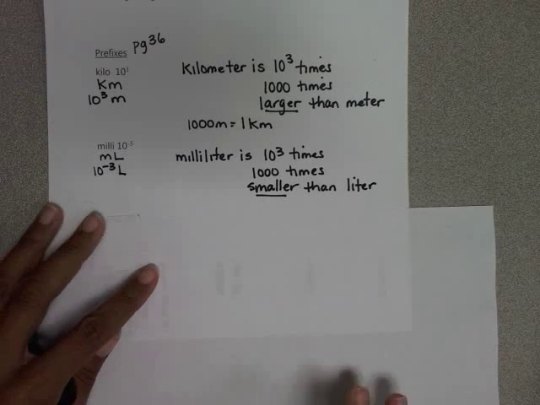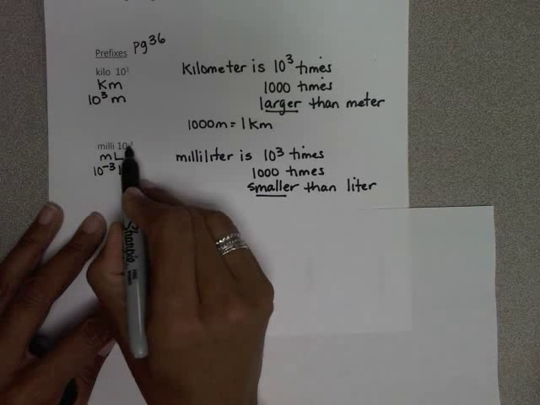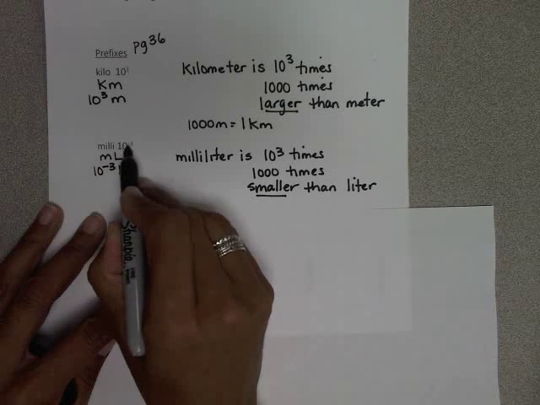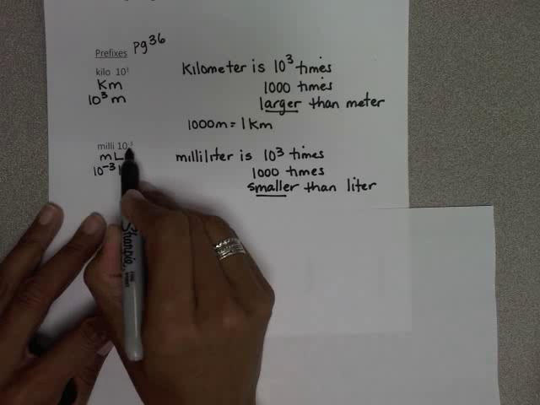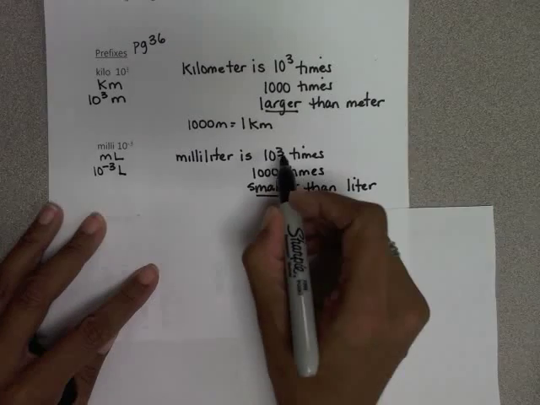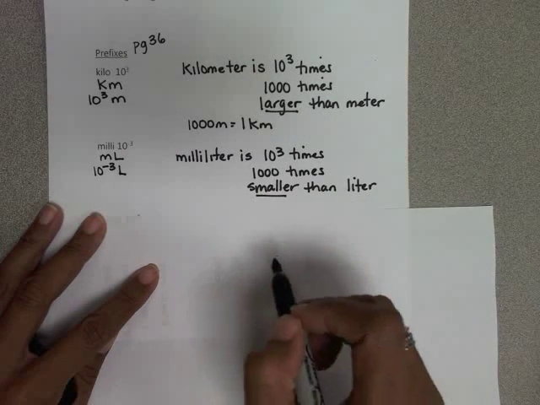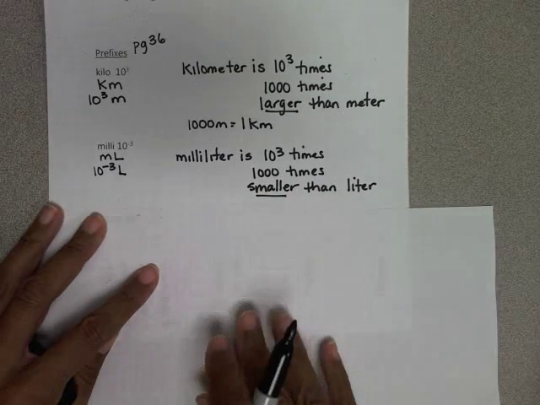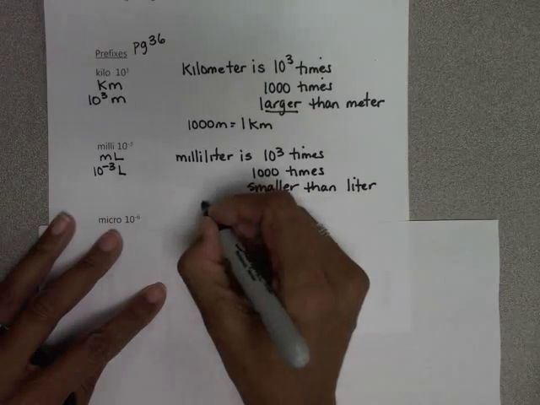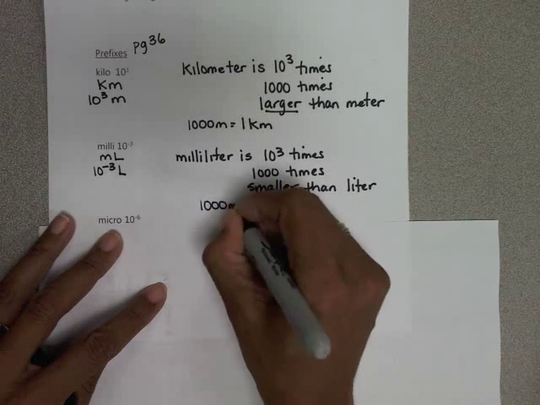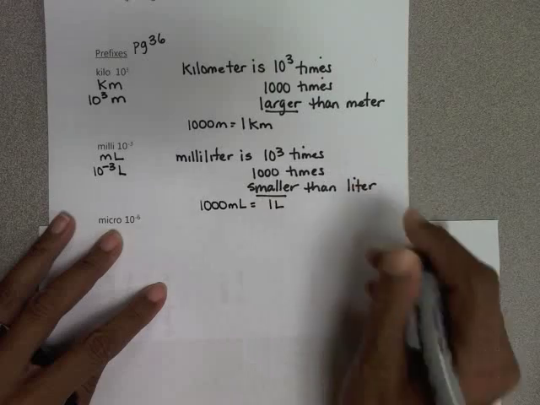And you can remember that because the exponent is negative. That negative exponent will tell you that the milli is smaller. And in this case, it's 10 to the third times smaller than the base unit, than the liter. So it would take 1,000 milliliters to make 1 liter.